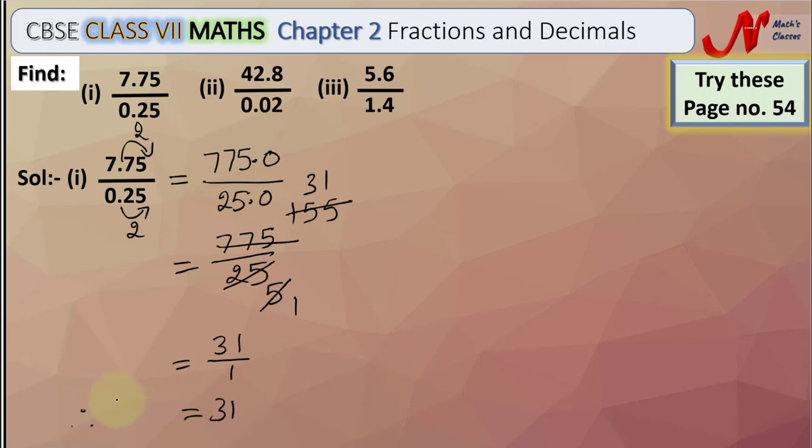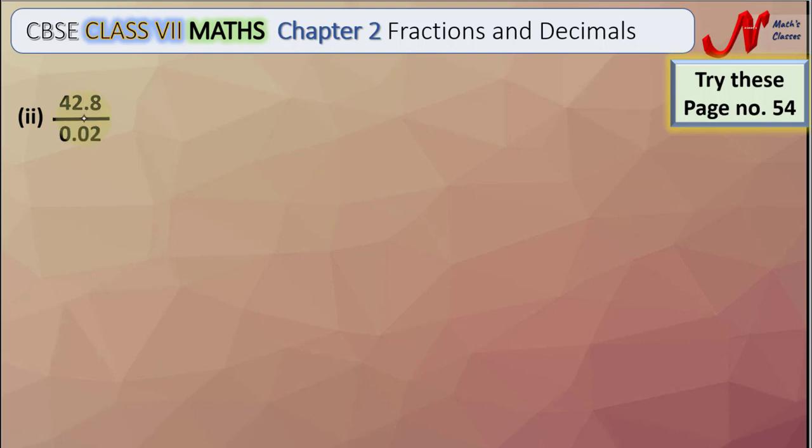Therefore 7.75 divided by 0.25 is equal to 31. Now we solve 42.8 by 0.02. First we shift the decimal point two places to the right, and in the numerator also we shift the decimal point two places to the right. Here we have only one place, so we add a 0.